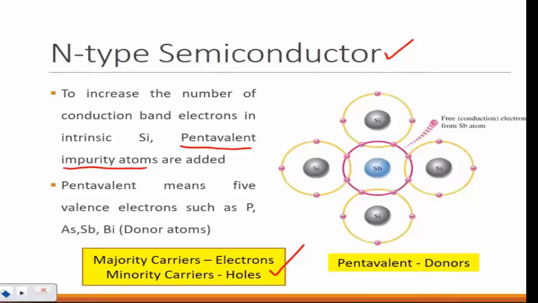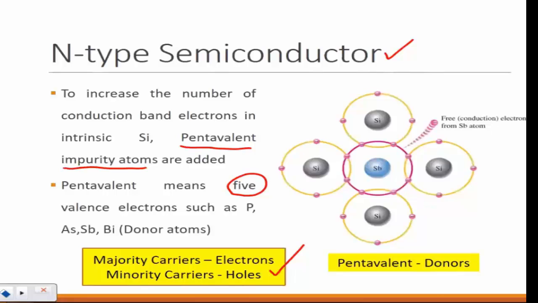So what are these pentavalent atoms? Penta is for 5. Valent means valence. So when you say pentavalent, that means there are 5 electrons in the valence shell. If you take that atom, for example, it's showing Sb as a pentavalent atom.